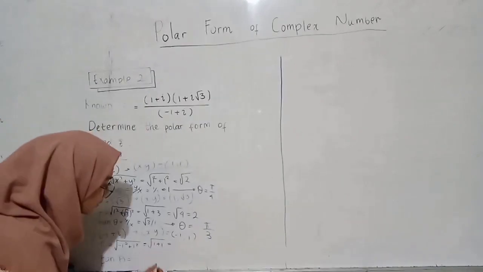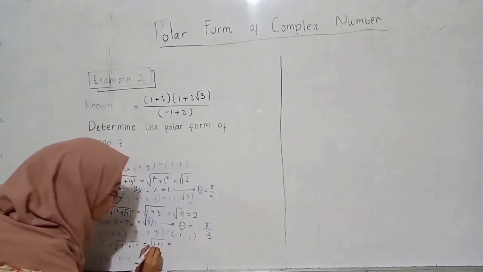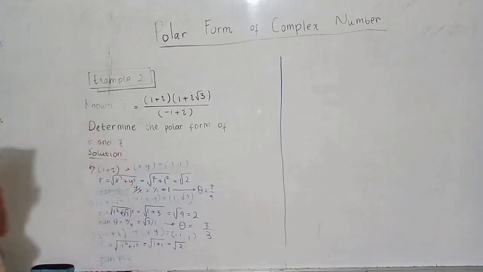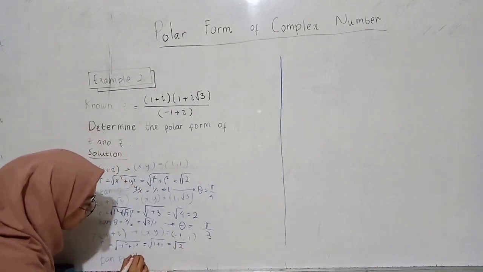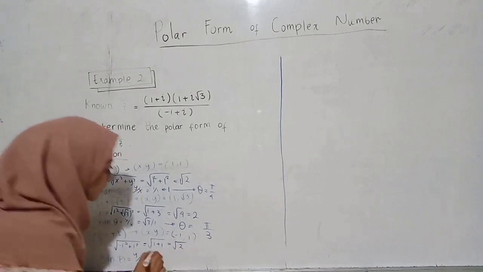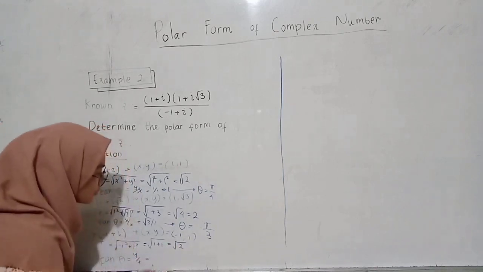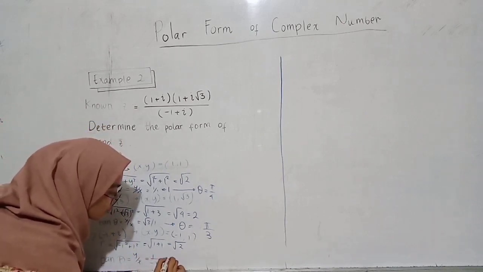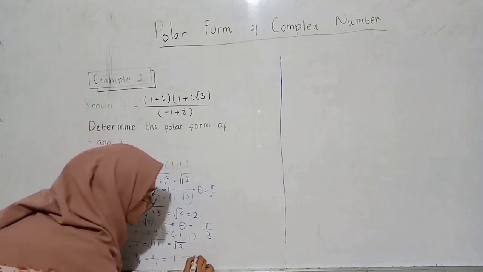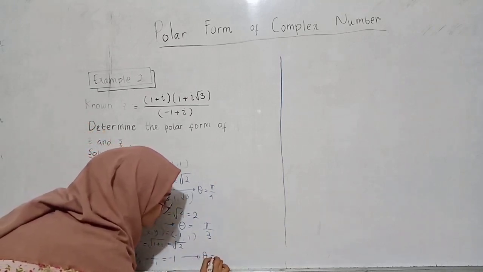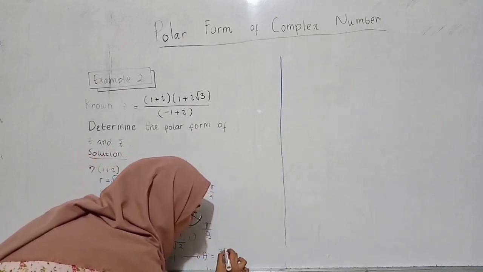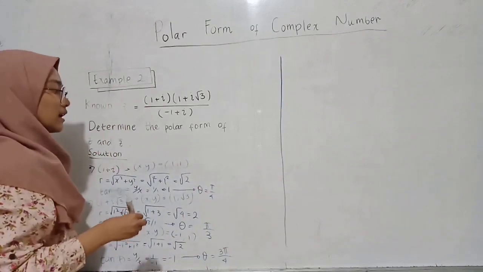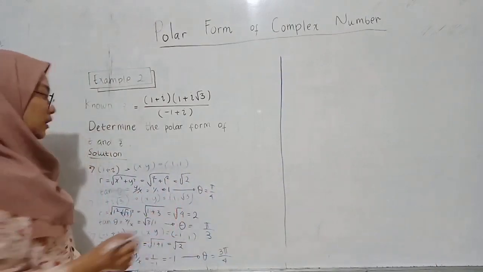So we get tan theta is y over x, equals 1 over −1, equals −1, and we get theta equals 3π over 4.